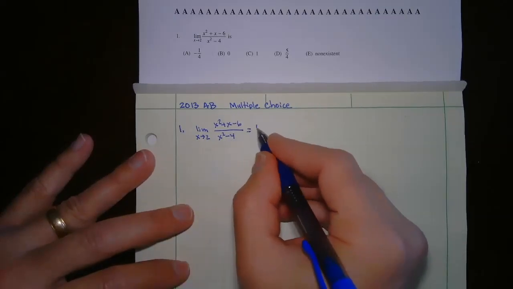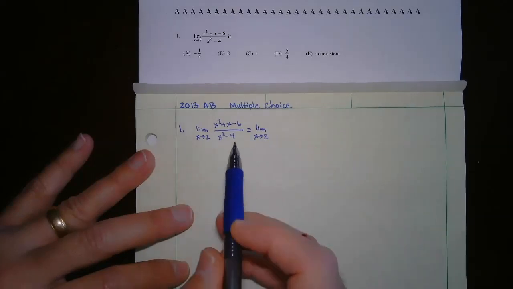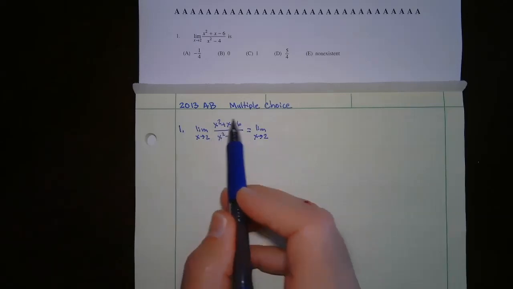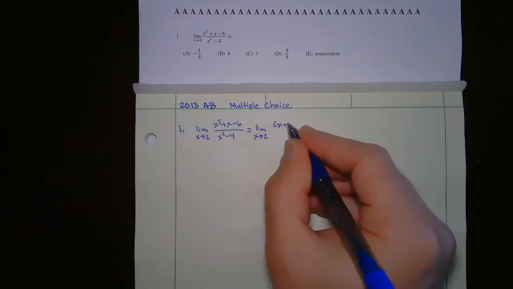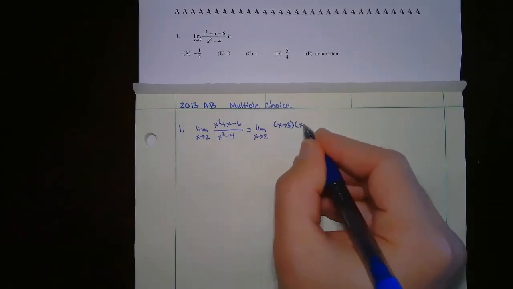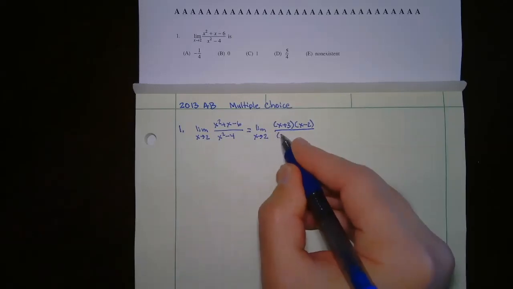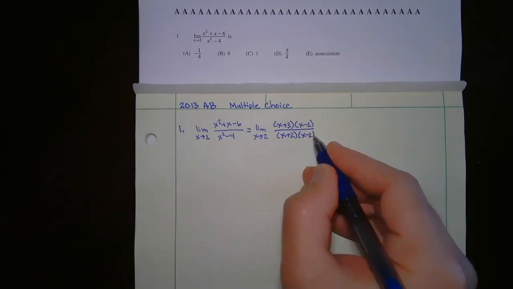So this becomes the limit as x approaches 2, and there's a removable discontinuity here. This factors into x plus 3 times x minus 2, over x squared minus 4, which factors into x plus 2 times x minus 2. There's your hole right there.